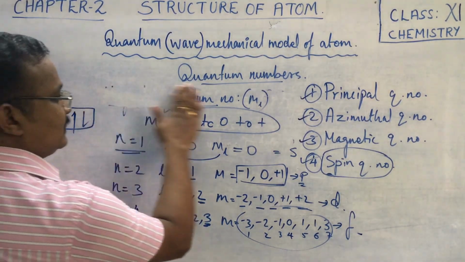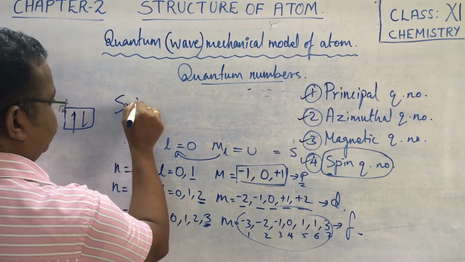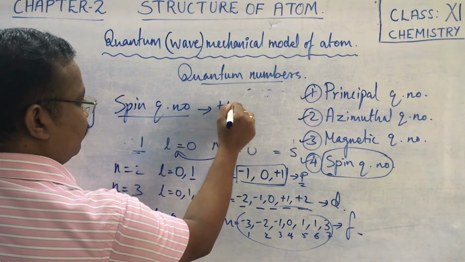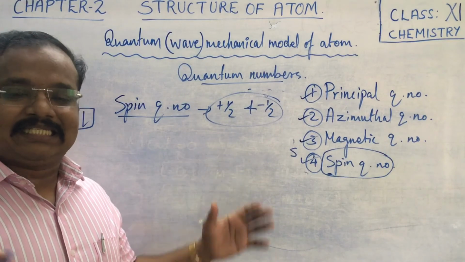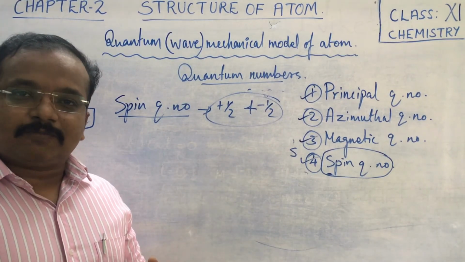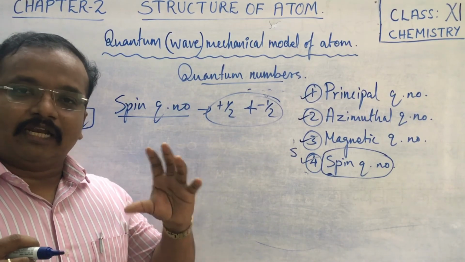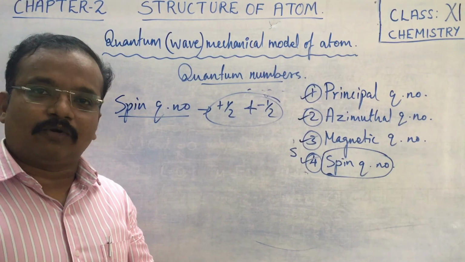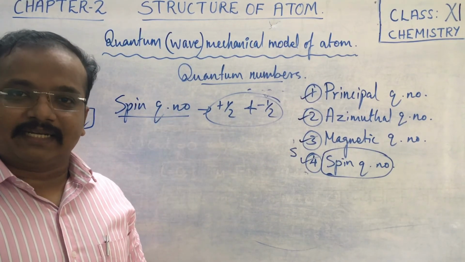So for the spin quantum number, we have plus half as well as minus half values. Spin quantum number explains the spinning of an electron. Spin of an electron is in the opposite direction. So if one rotates clockwise, the other electron will be rotating anti-clockwise.